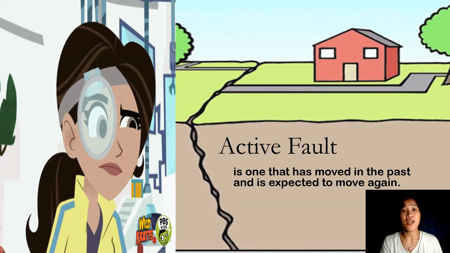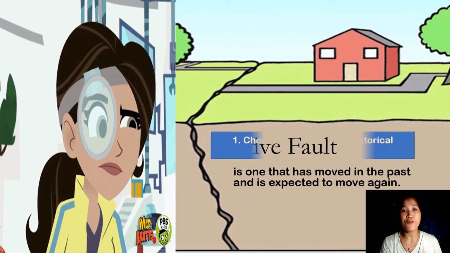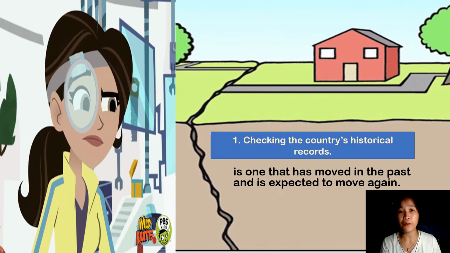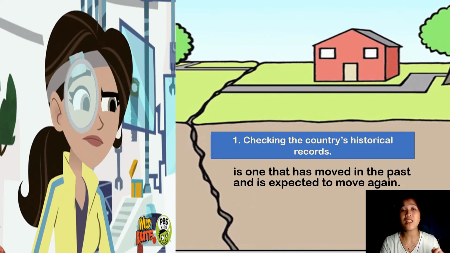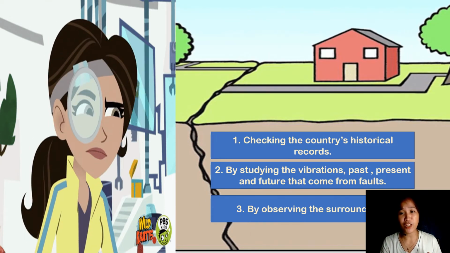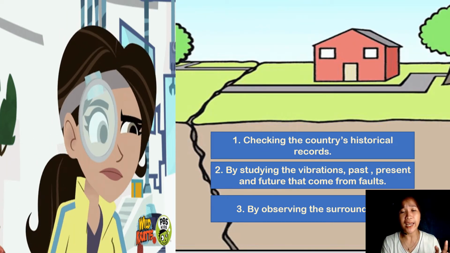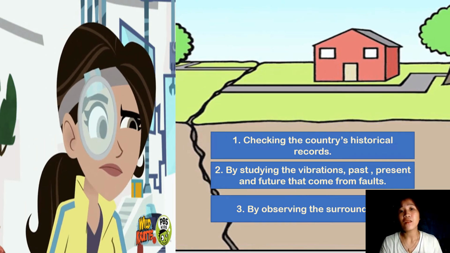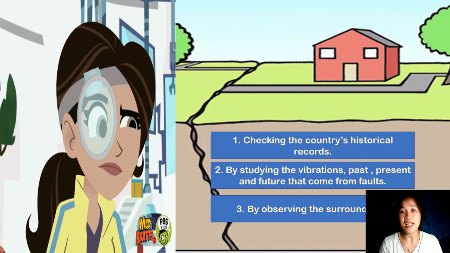Scientists use different ways to find out if a fault is active. First, checking the country's historical records. Historians always write about destructive events such as earthquakes. Second, by studying the vibrations, past, present, and future, that come from faults. And number three, by observing the surroundings. For example, a fault may cross a road, and because of that, the road is displaced.